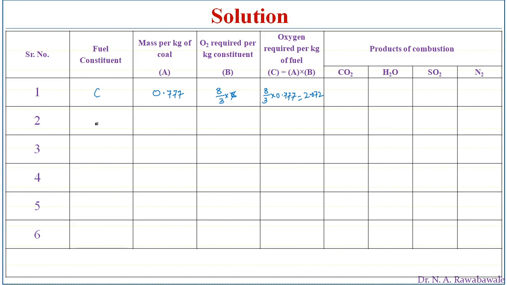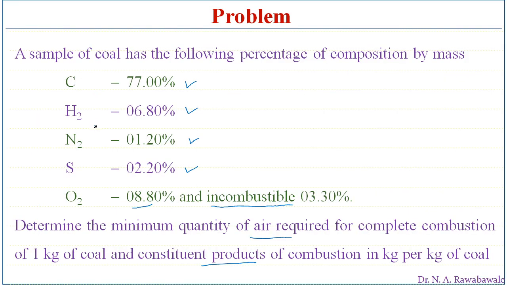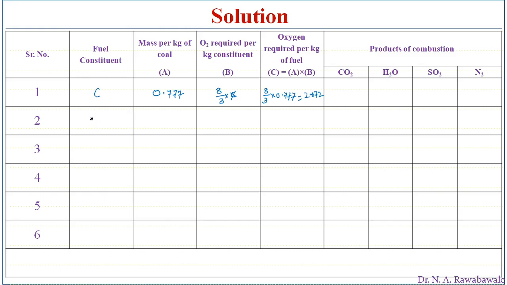The second constituent of fuel is hydrogen. Hydrogen is 6.80%, so H2 present in the fuel is 0.068 kg, and hydrogen requires 8 kg of oxygen to burn.